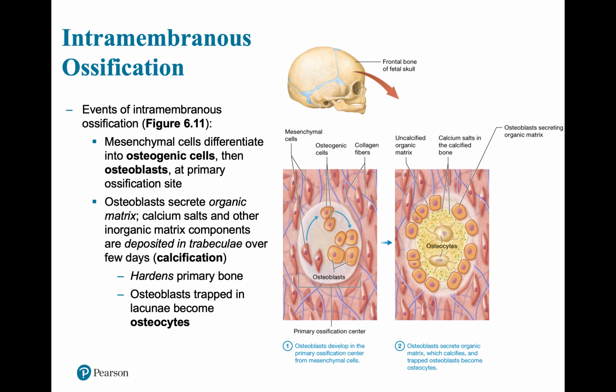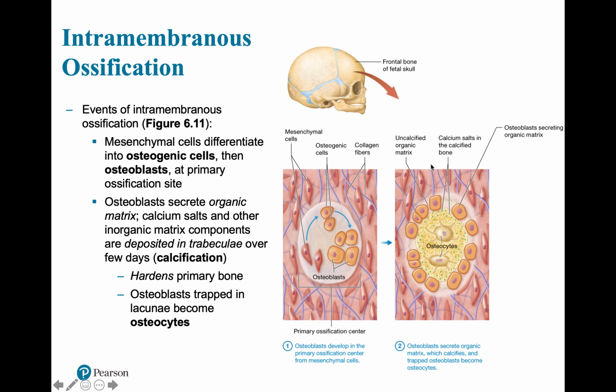We're not going to go into all the mechanisms of that, but there are particular chemical cues, those signals, that will tell these mesenchymal cells to differentiate, meaning specialize, into osteoblasts.